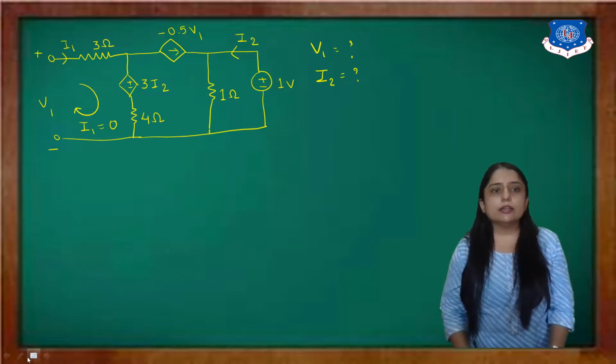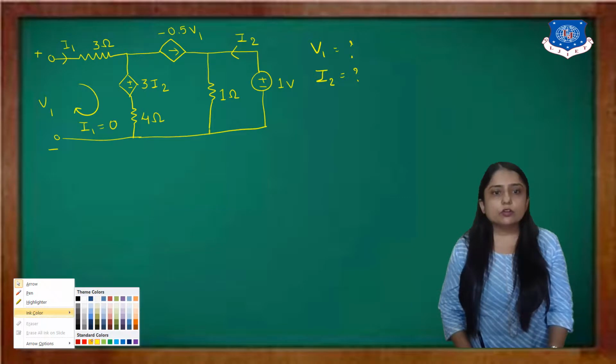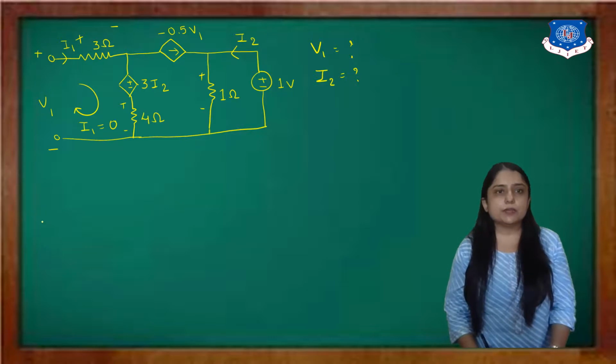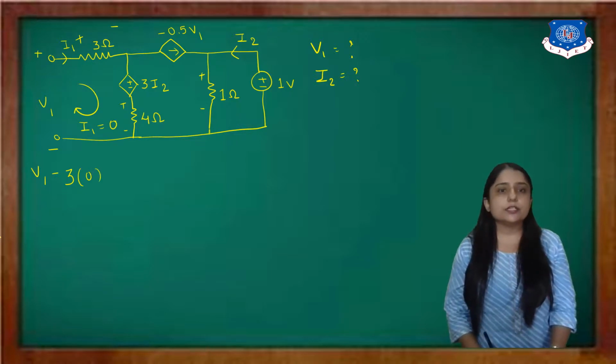So this is our diagram. Here we want to write down the equations. So the first equation becomes, here you just mention the plus minus. Here also it's a plus minus. Here also it's a plus minus. So V1 minus 3, but this current is 0, so I just write 0.